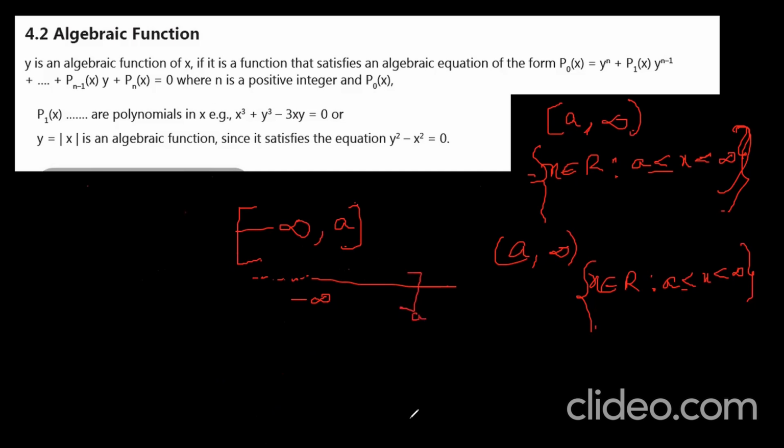I can represent it like this. But how do you write this? X belongs to R, colon, minus infinity. Actually, here there should not be any closed end at minus infinity. Sorry. Minus infinity less than X less than or equal to A.